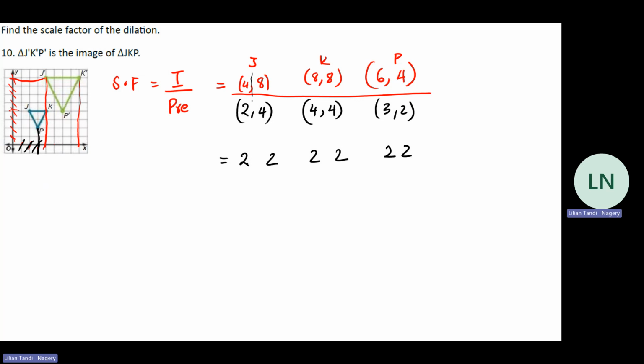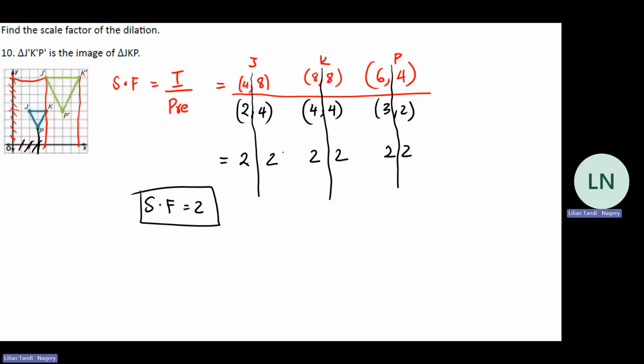You see? So that's one way you can do it. So here, scale factor is 2. Now if you don't want to do it this way with the points, you can find what JK is. So same thing, scale factor equals image over pre-image.